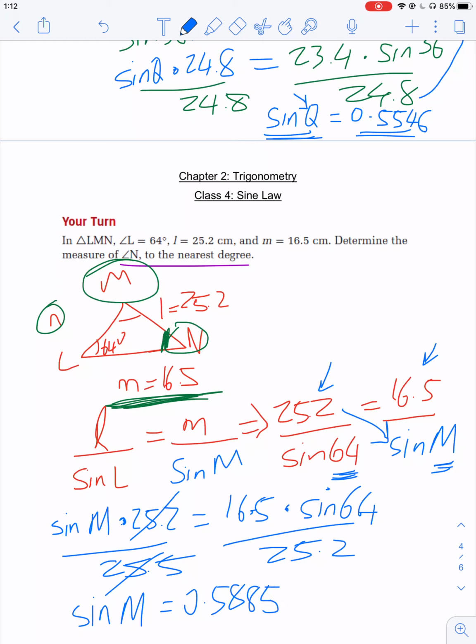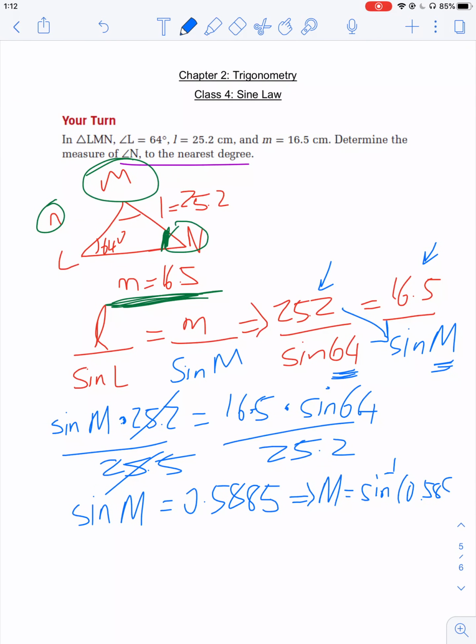0.5885, let's just say, okay? I'm just using 4 digits just to be more precise. You don't have to do that, but it would be a wise thing to do. So if sine of m is this, then m will just be sine inverse of 0.5885, okay?